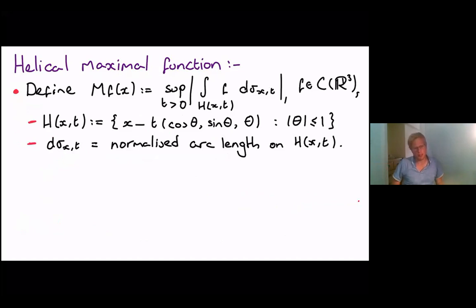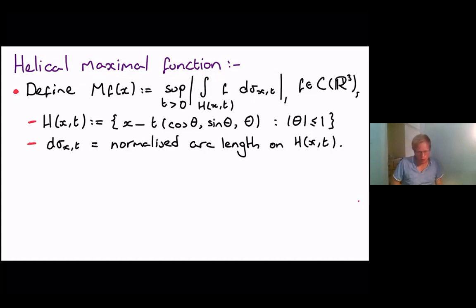We fix a center x, which is the point our helix is centered around, and then we vary over different radii t, and we draw helices around that point x which wrap around the vertical axis in tighter or looser circles, depending on the value of t.